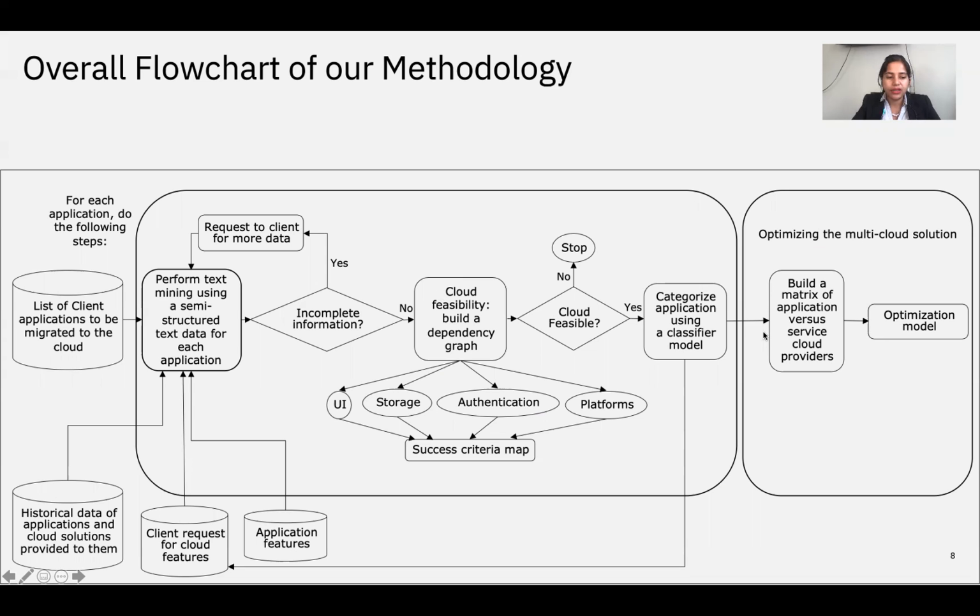And then we evaluate the features of the applications and build a matrix of applications versus the cloud service providers that are available. And lastly, we build an optimization model, so that as an output we have a competitive solution comprising different applications and the corresponding services based on requirements of the client.